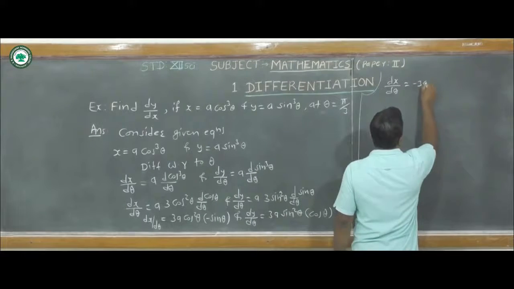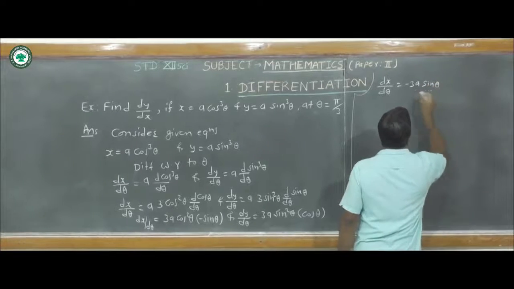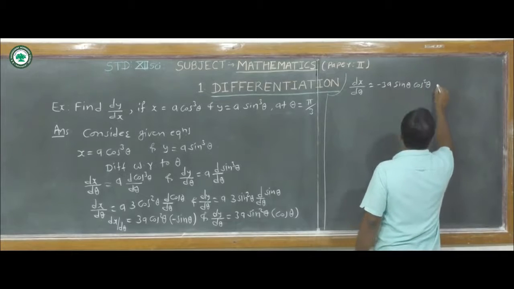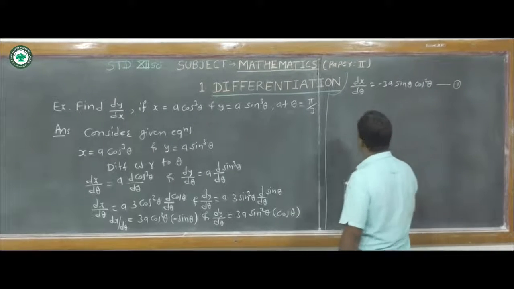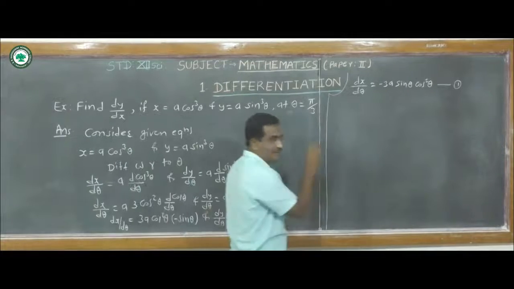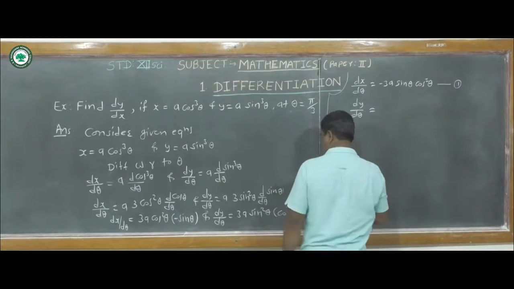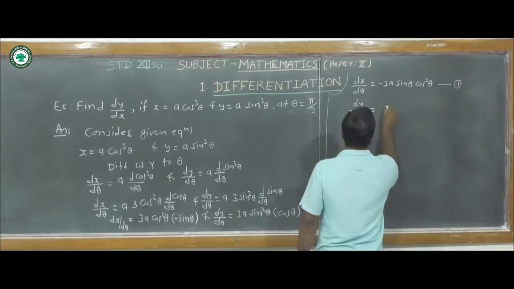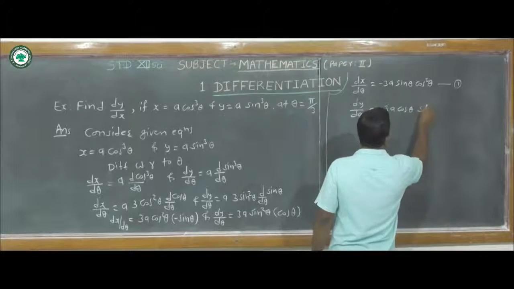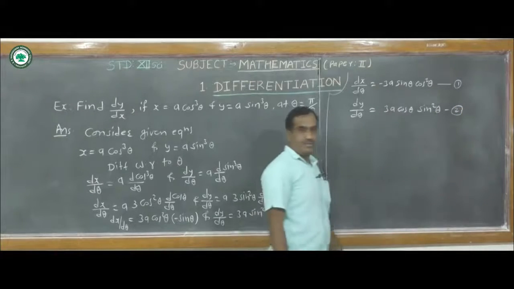Say this as equation number first. And dy by d theta is equal to 3a into cos theta into sin square theta. Say this as equation number second.